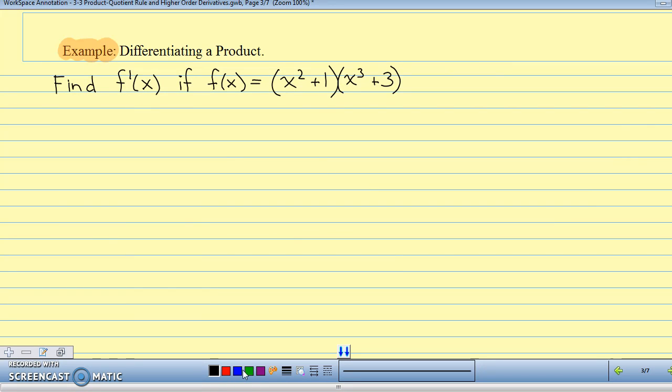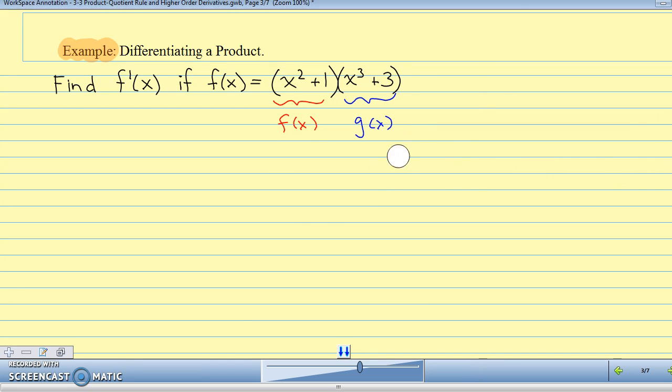Let's find the derivative of this function, f of x equals x squared plus 1 times x cubed plus 3. Here we have two functions, the f of x and the g of x. But let's go ahead and use u and v.